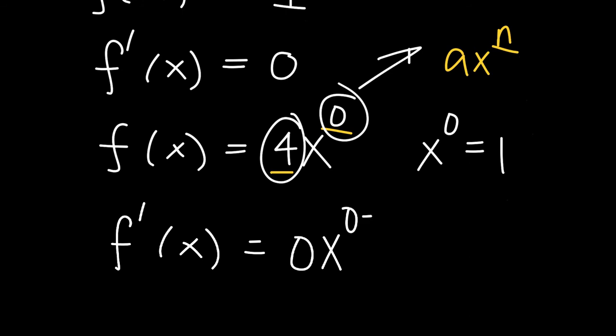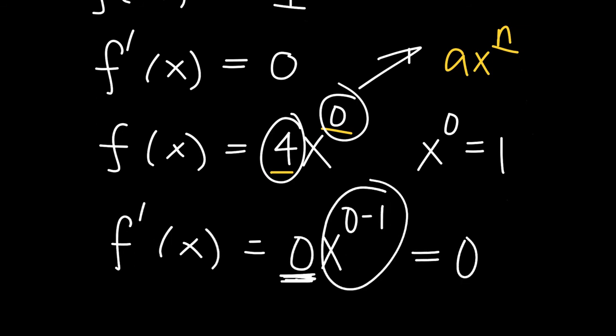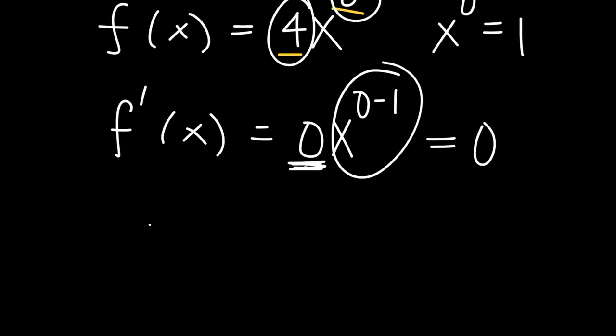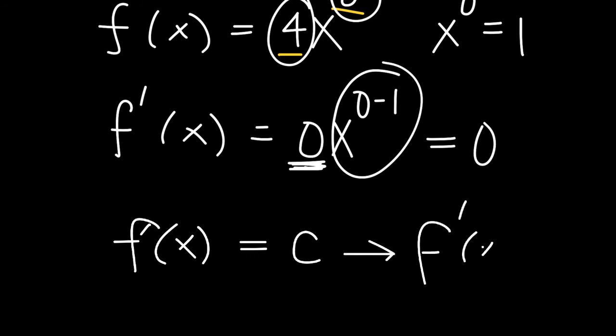Whatever the expression here, this is already 0, so automatically this will be equal to 0. So for any constant, if f of x is equal to any constant c, the derivative of the function is always equal to 0. Okay?